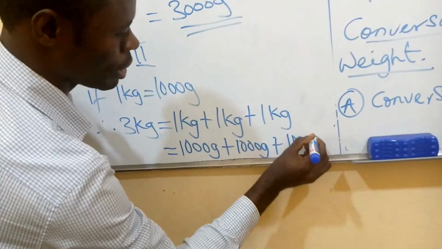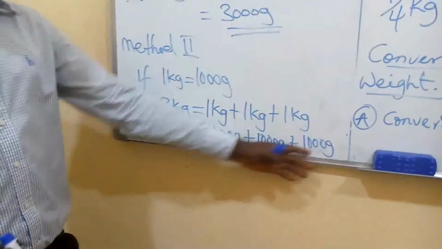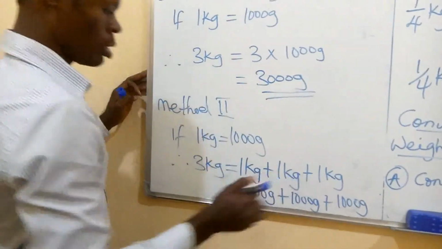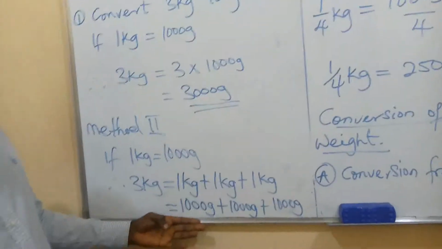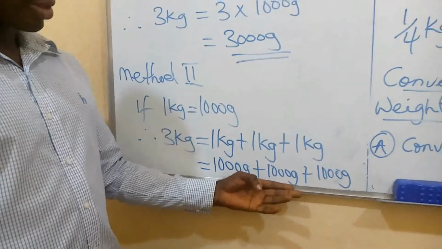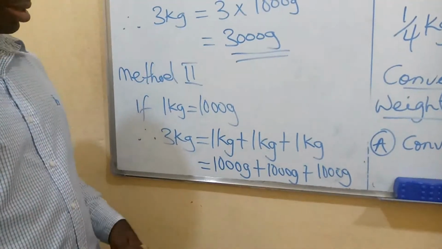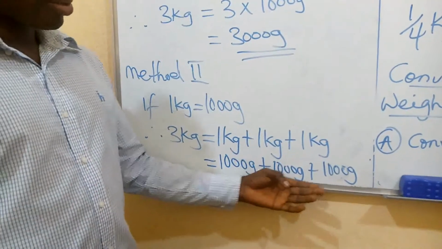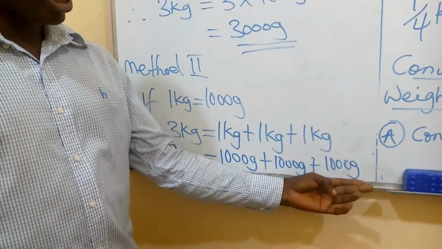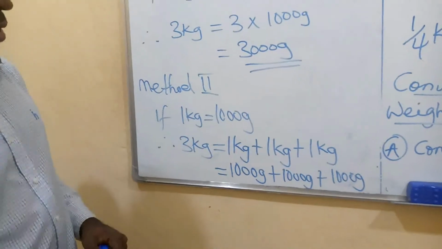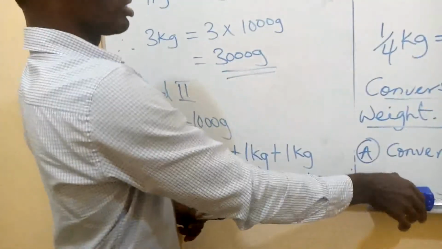Next we are going to add these 1,000 grams together. So 1,000 grams plus 1,000 grams is what? 2,000 grams. And then 2,000 grams plus this last 1,000 grams gives you what? 3,000 grams.